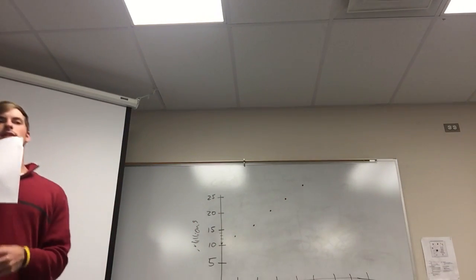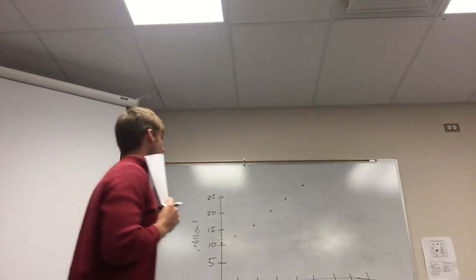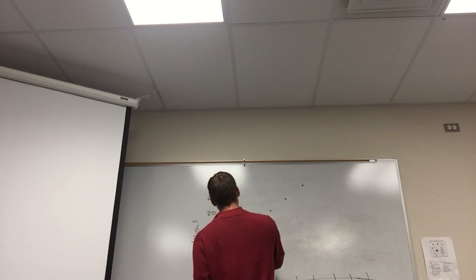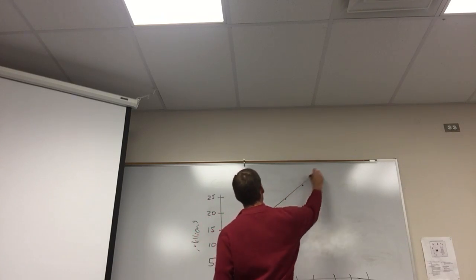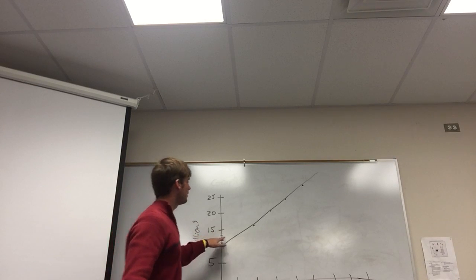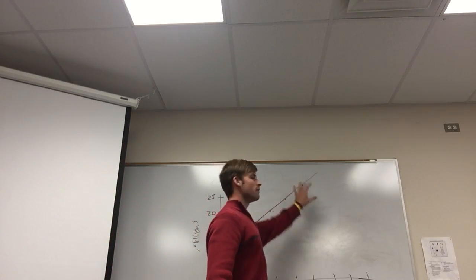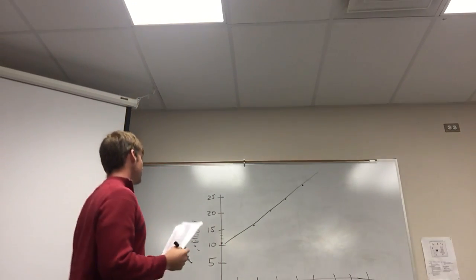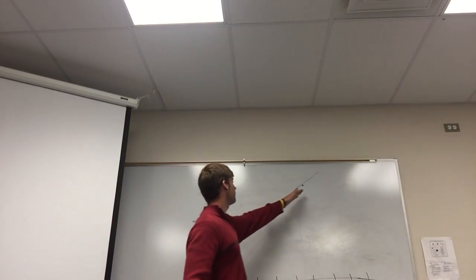Now, how are we going to find the slope of this line? As you can see, there's a straight line right about here. You can see this point is a little bit off the grid. So is this one. But for the most part, they stay around each other, right? So in this case, we can draw a line of best fit.